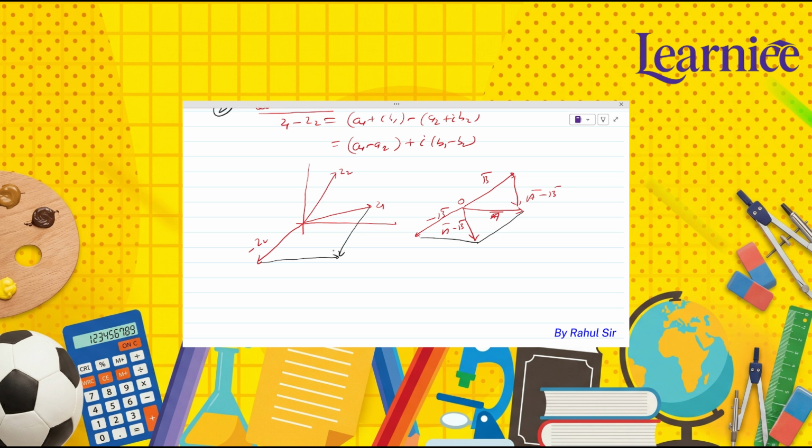This is z1 minus z2. And this is the same as this one also; here also I can write z1 minus z2. This is called subtraction.